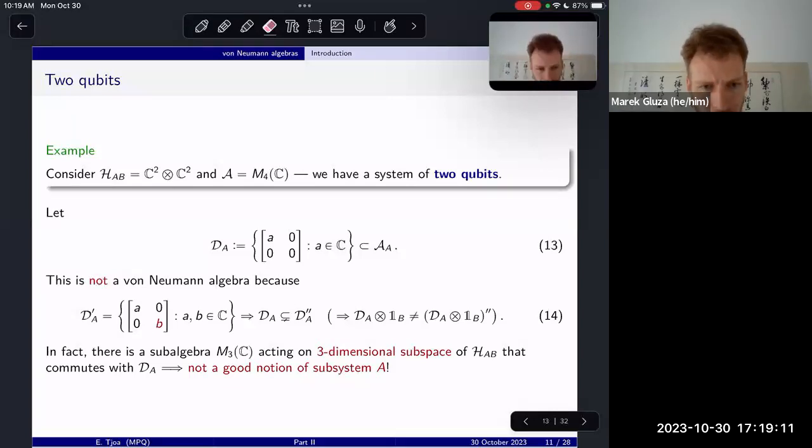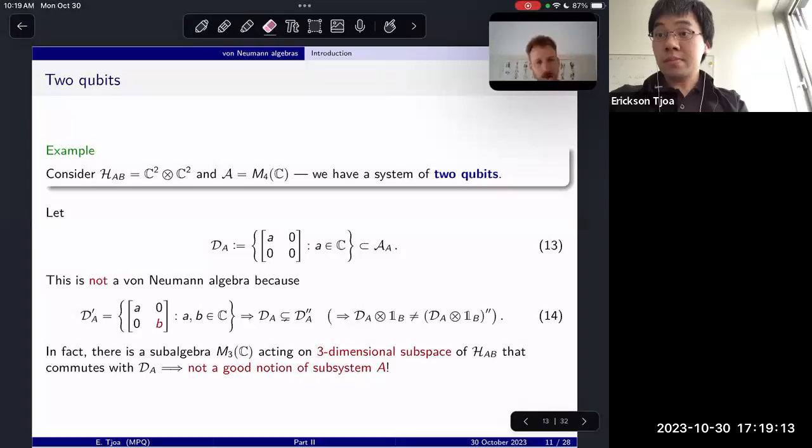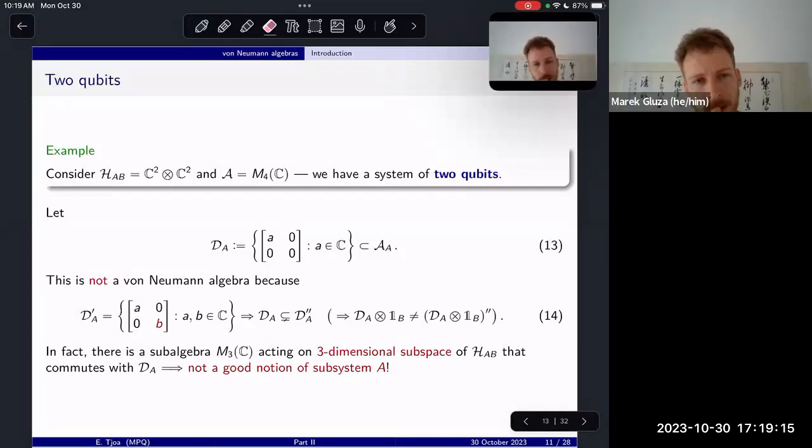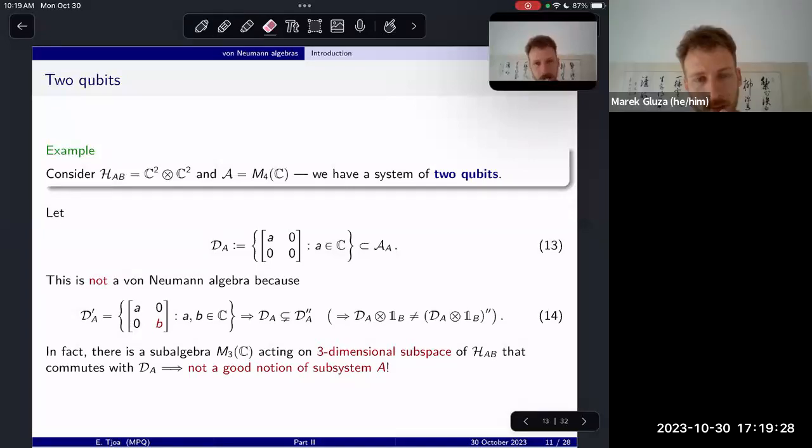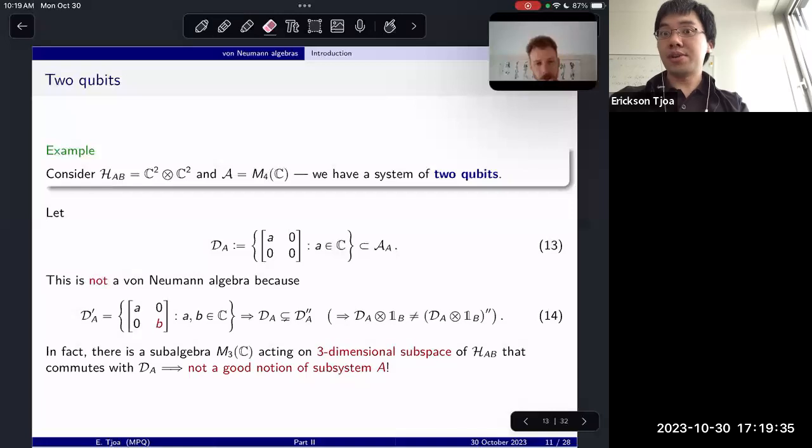But we have a finite dimensional case, so we have a von Neumann algebra, yes? No. Okay, so dA is a C-star subalgebra of A, but it is not a von Neumann algebra. That's why if you want to make it into a von Neumann algebra, you need to take a bicommutant.